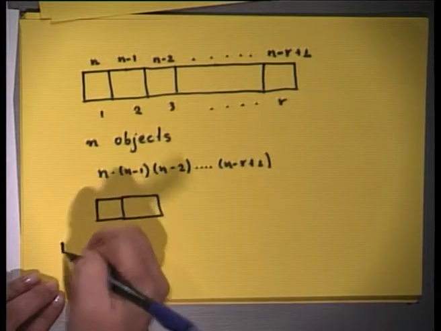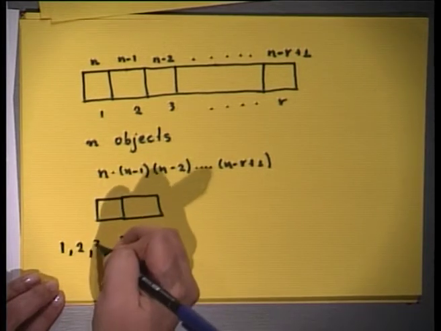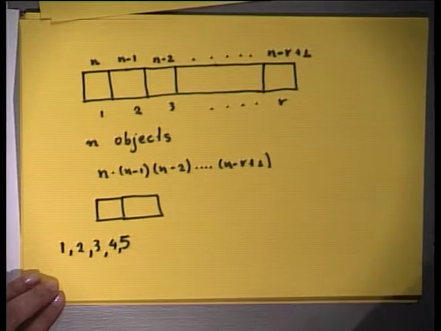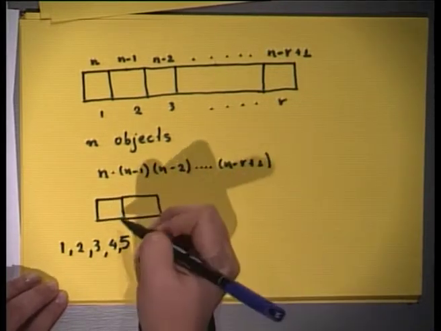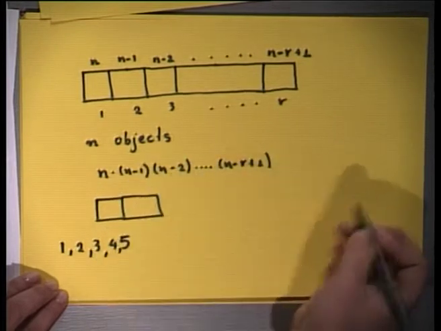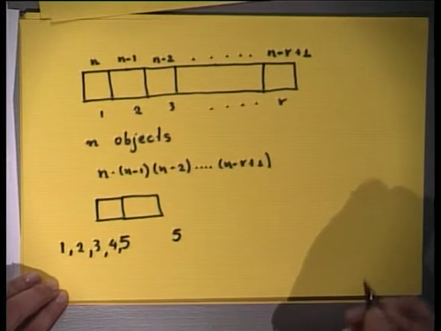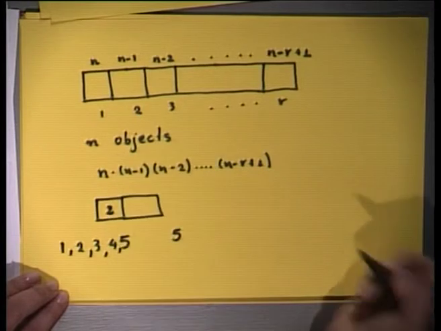So we have 1, 2, 3, 4, and 5. The first box can be filled in by one of these 5 numbers, for example, number 2.